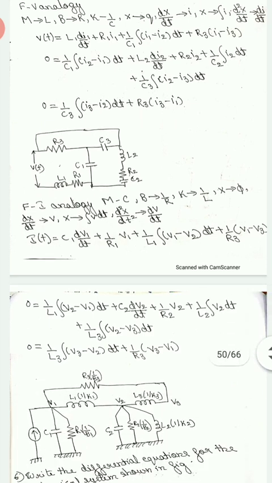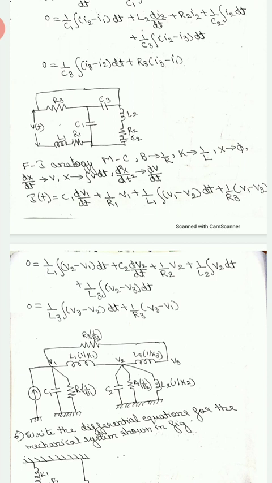If we are converting force to voltage analogy, next you convert to force current analogy. Write the three equations. I of t is equal to, instead of L we will write C, instead of C we will write L. Like that, I of t is equal to C1 dV1/dt plus 1/R1 V1 plus 1/L1 integration of (V1 minus V2) dt plus 1/R3 (V1 minus V3).